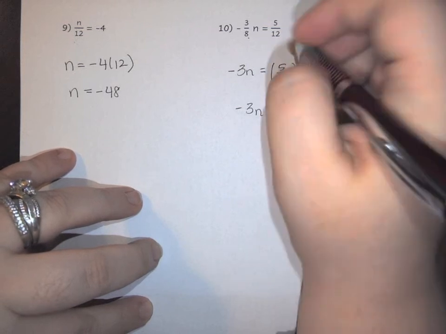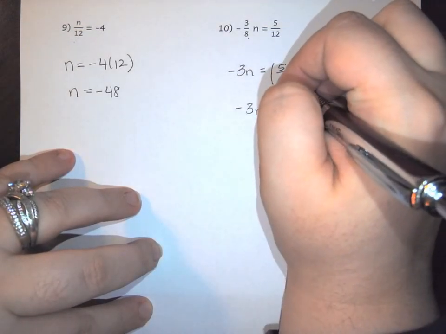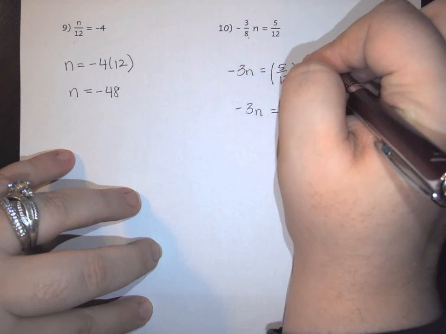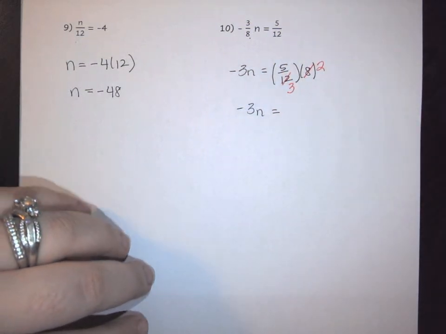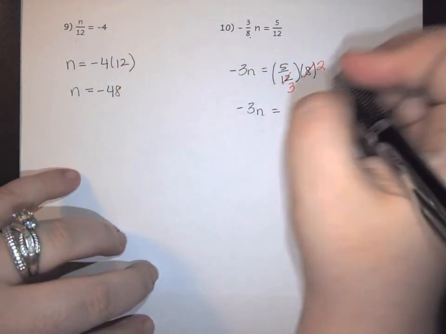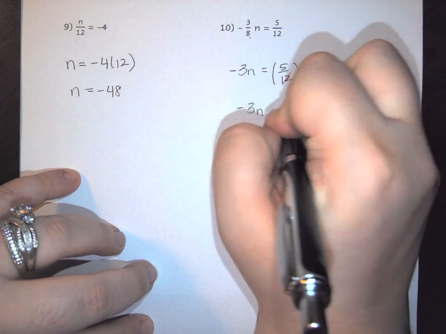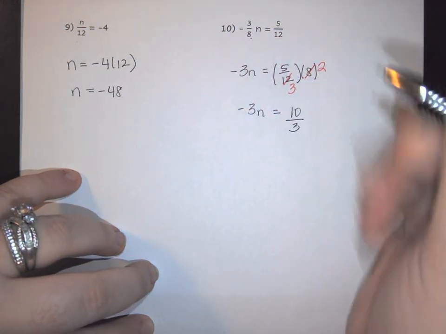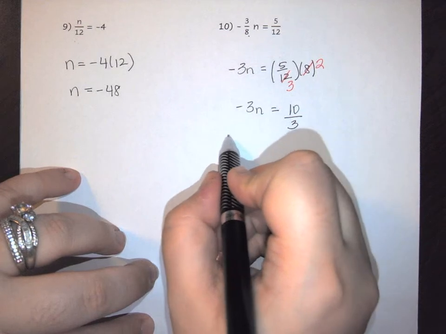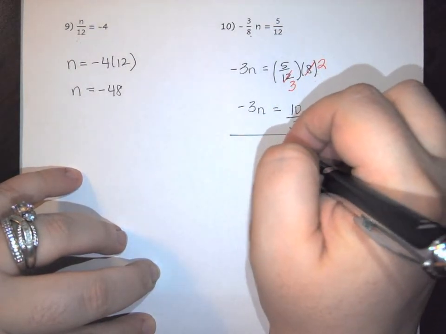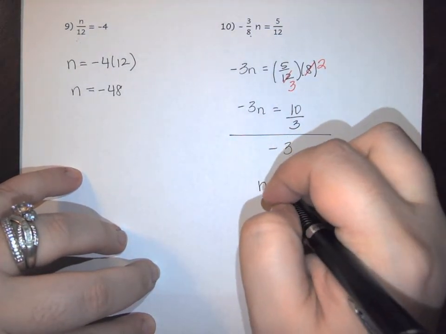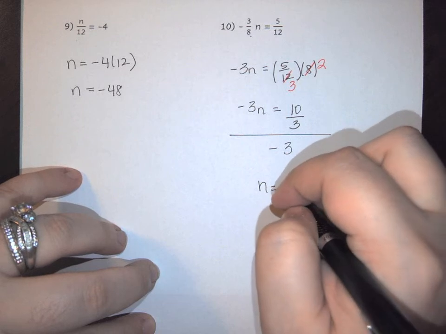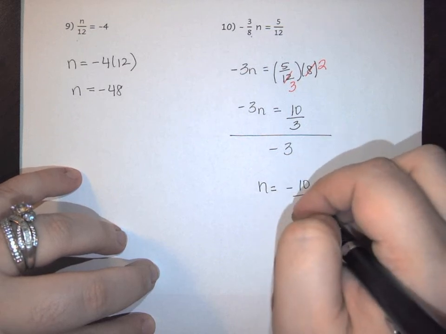You can pull a 4 out, and so this becomes a 3 and this becomes a 2. Then when we multiply straight across, we end up with 10 over 3. Now the last thing we need to do is divide the whole thing by negative 3. So we have that n is going to be negative 10 over 9.